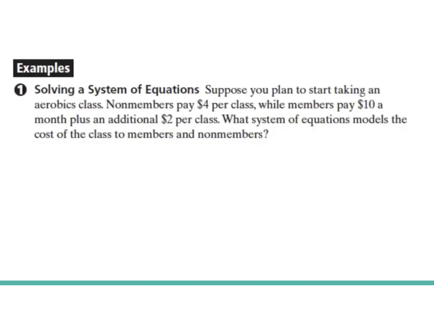So here we have an example, and this is a real-world example. Suppose you plan to start taking an aerobics class. Non-members pay $4 a class, while members pay $10 a month, in addition to $2 per class. So we want to write a system that models this members, non-members relationship here. Okay.